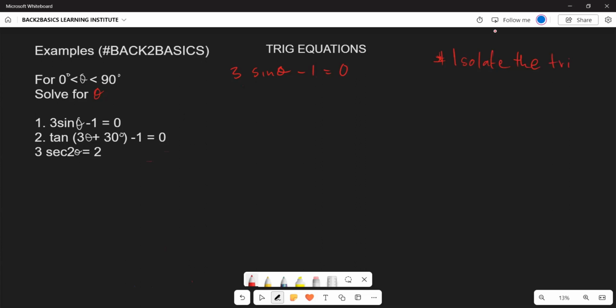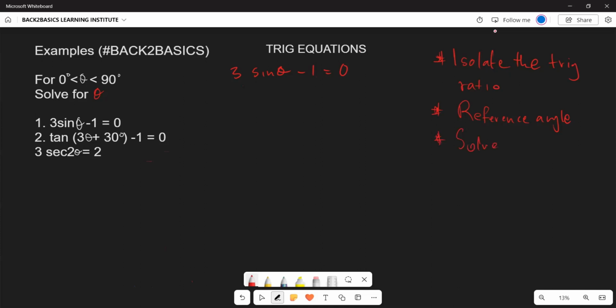The second step is to find your reference angle, using shift sine on your calculator with that particular ratio. After that, you are going to solve for your theta.